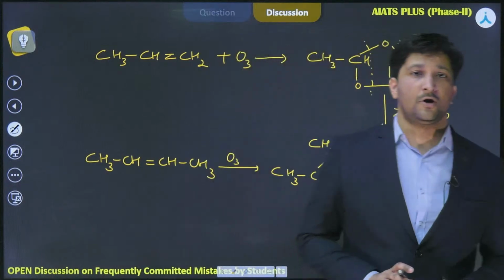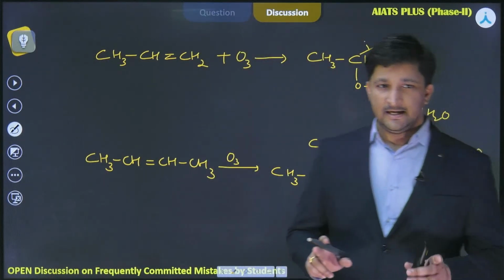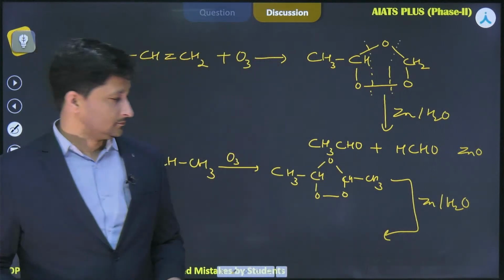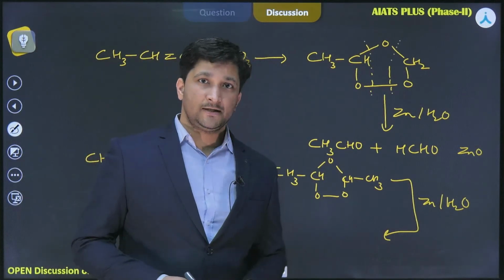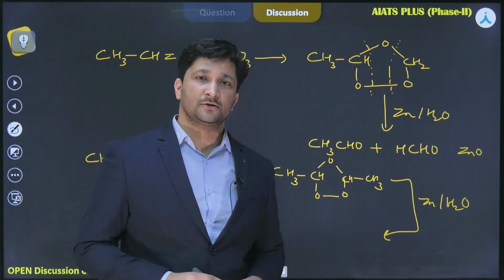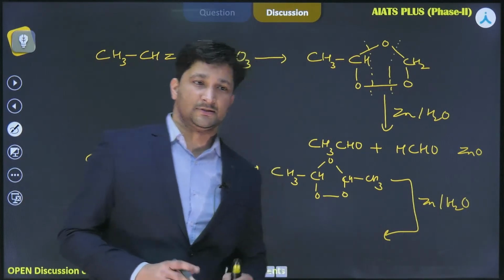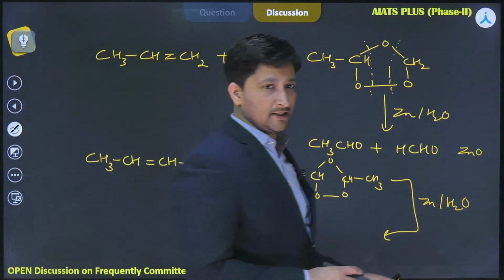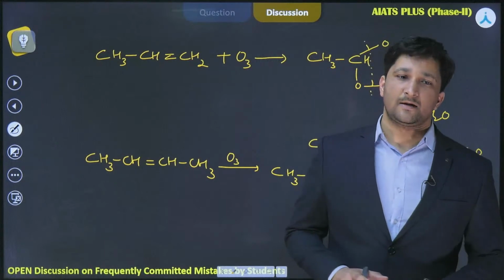Now what will happen during oxidative ozonolysis? If any of the product formed during ozonolysis is an aldehyde, then that is oxidized to carboxylic acid. But if a product formed is a ketone, then you all know that ketone cannot be oxidized further easily without breaking the carbon-carbon bond.